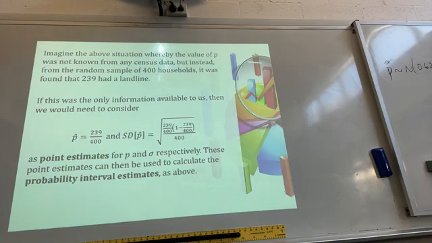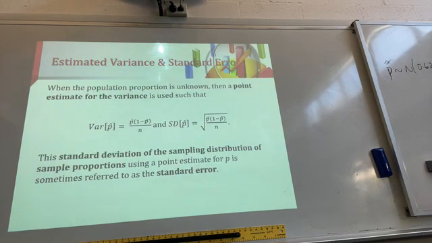So we can calculate the interval estimates. When we are estimating variance and standard error, when the population proportion is unknown, then the point estimate for the variance is used. And the standard deviation of the sampling error of sample proportion, using a point estimate, is referred to as a standard error. That's just a definition of standard error.